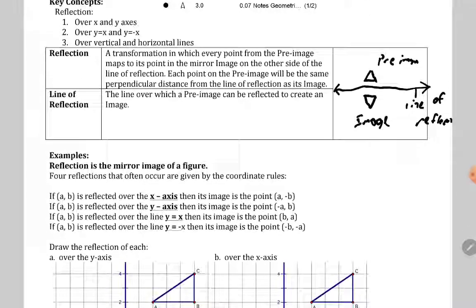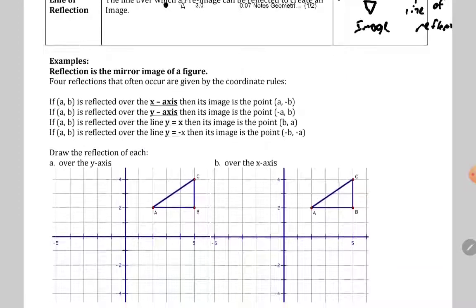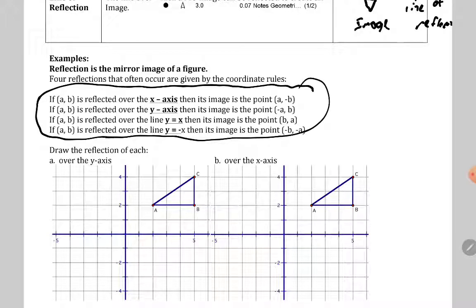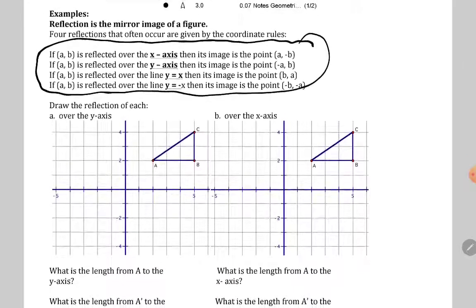Okay. Now, if we're using coordinates, these are really useful. We're going to use some examples.